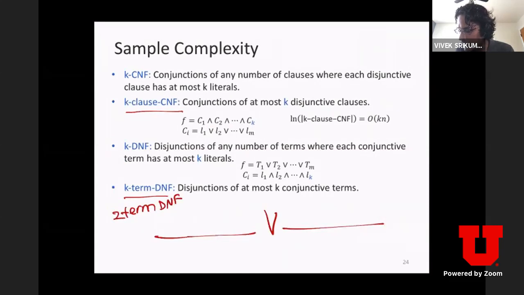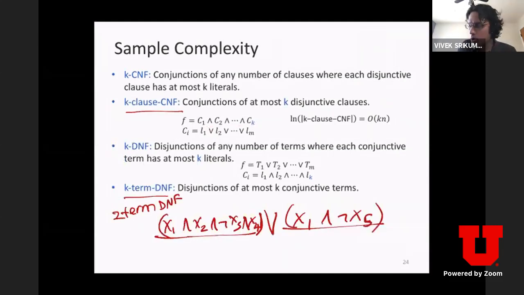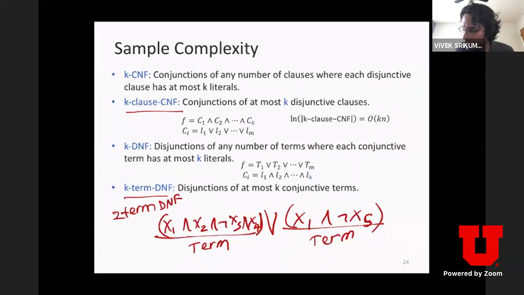And then inside this, you can have maybe x1 and x2 and not x3 and x4, or maybe x1 and not x5. This is a 2-term DNF because this is a term and this is a term. It's a D for disjunction, DNF, because this thing here is a disjunction.